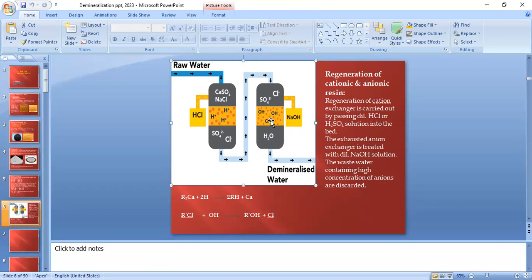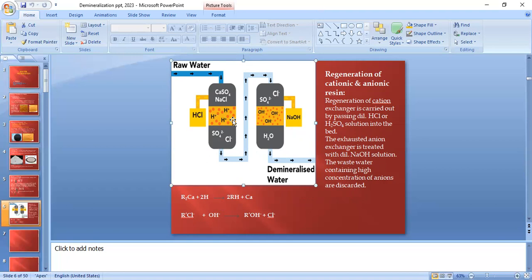At one point of time, we can realize that both the cation and anion exchanging resins are exhausted completely due to the continuous deposition of calcium, magnesium, chloride, and sulfate ions. So, it is a must to regenerate the resins.